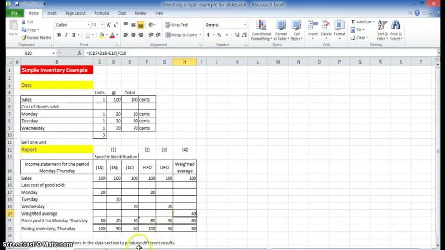I've set the numbers up so that everything comes out pretty evenly. And therefore if we take these costs away here, then we will get the ending inventory on Thursday. So therefore with FIFO we have an ending inventory of 100 as we discussed before, and with the LIFO one we have an ending inventory of 50.